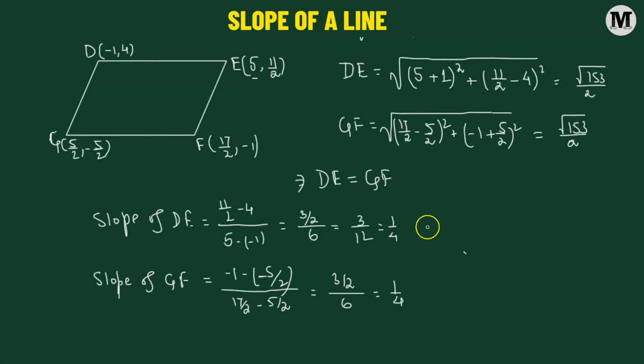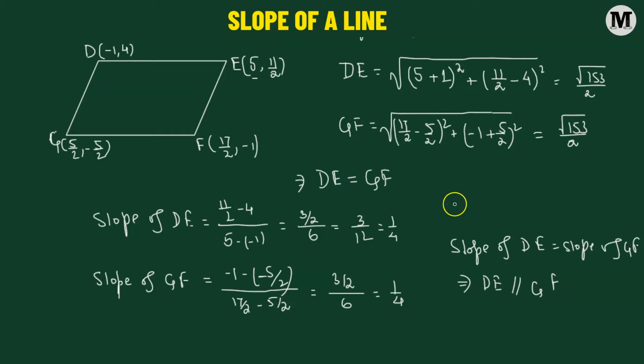Now clearly, the slope of side DE is exactly equal to the slope of side GF. And we know the property that if the slopes of two lines are equal, the lines are parallel to each other. This simply means that DE must be parallel to GF. So here we have two conditions.